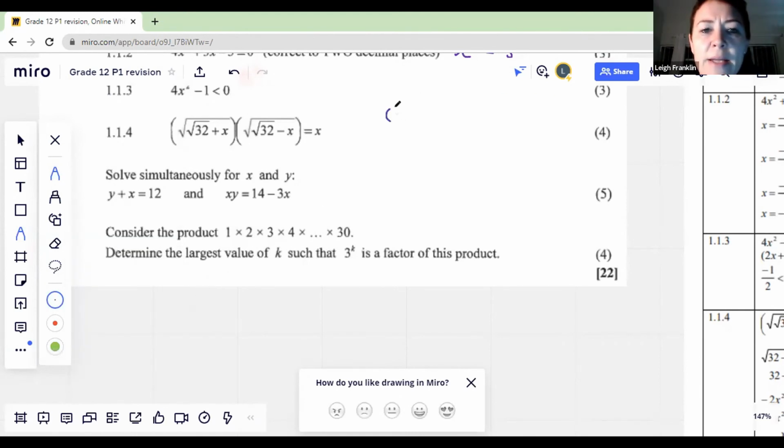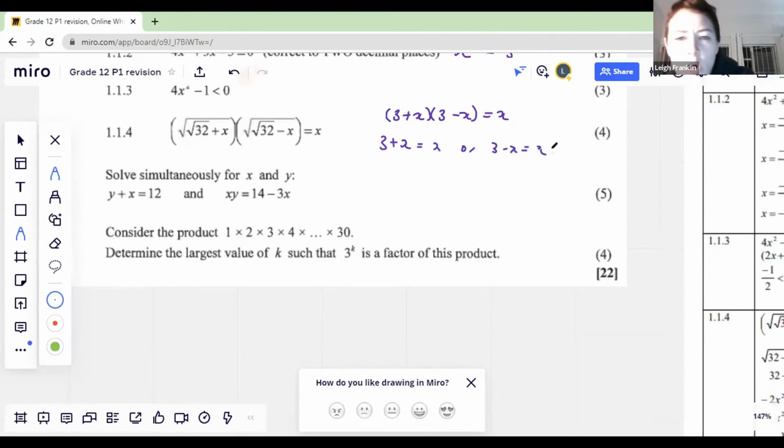Imagine if you had 3 plus x over here, and there you had 3 minus x is equal to x. Would it be okay in this situation for me to say, well, 3 plus x is equal to x, or 3 minus x is equal to x? I'm not allowed to do that. I can only do that if this is equal to 0. So if it's equal to something else, then I'm not allowed to do that, because it won't be true.